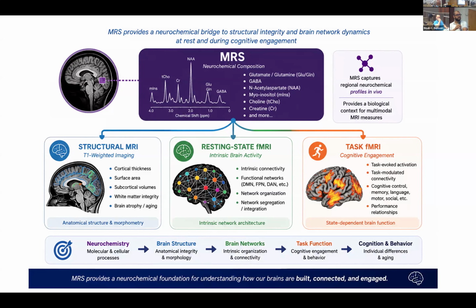So the idea is to see if the underlying neurochemical signature that MRS roughly captures can be linked to structural MRI, either through volumetric information, surface, etc., or resting state functional connectivity, or even task fMRI.